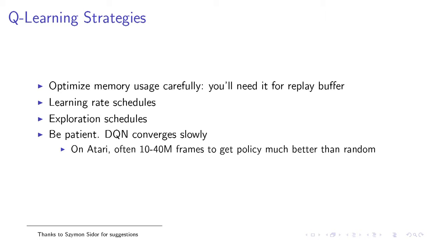In DQN, you're usually using epsilon greedy, and it often helps to play with the schedule on that. Also, it converges pretty slowly, and it often has a mysterious warm-up period at the beginning. I actually have a lot of admiration for the people who originally got this to work, because they had to just let their code run for a while before it did anything. You have to have a lot of patience or a lot of bravery to do that.